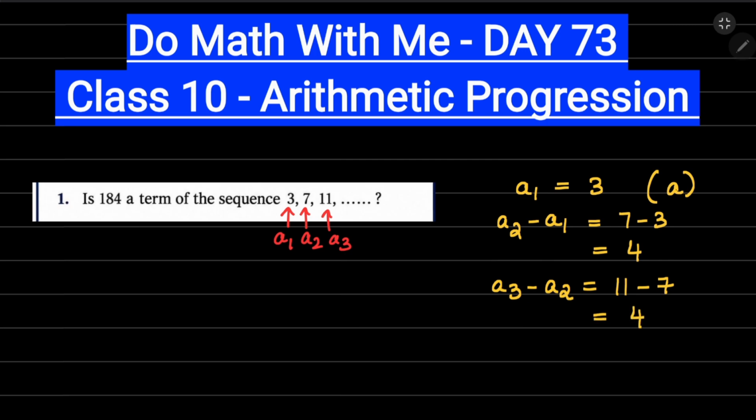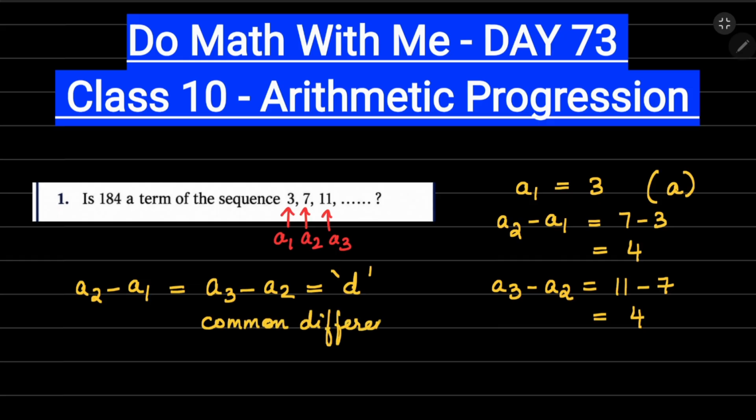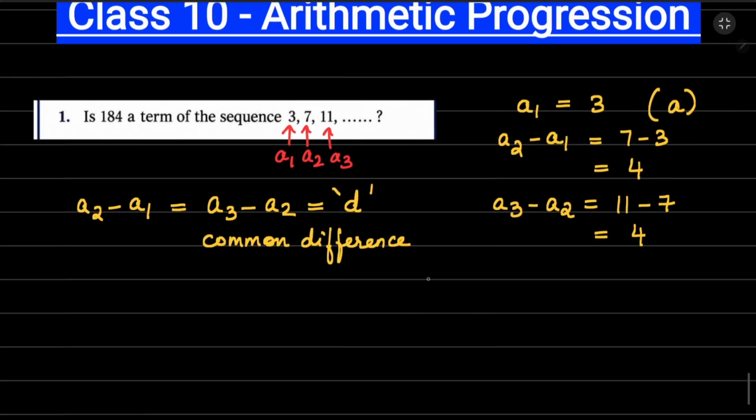When the difference between the second term and the first term is equal to the difference between the third term and the second term, this difference is denoted by small letter d. This is called the common difference. Whenever a sequence has a common difference between the consecutive terms, that means this sequence is an AP.